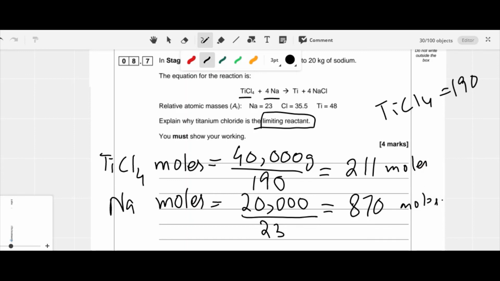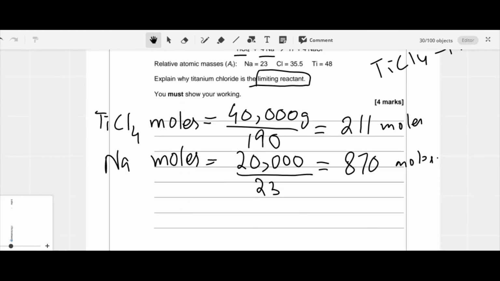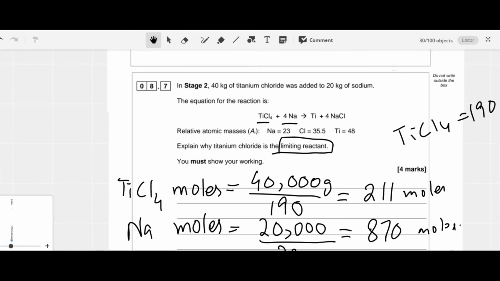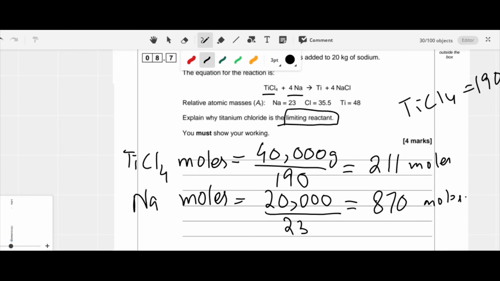Okay, so we can say that sodium is in excess because 870 moles of sodium is more than the 844 moles needed. How? When we compare, we can see that 1 mole of titanium chloride reacts with 4 moles of sodium.